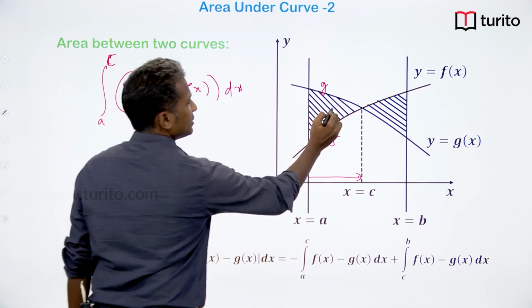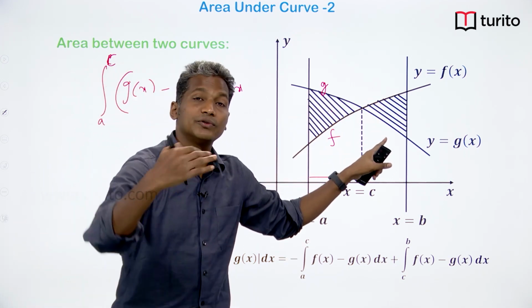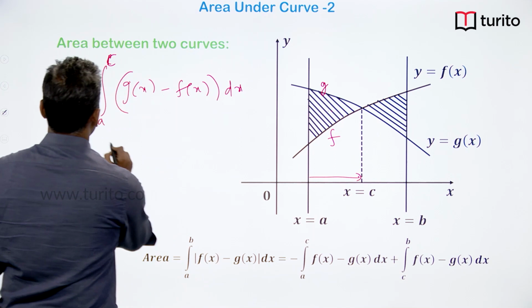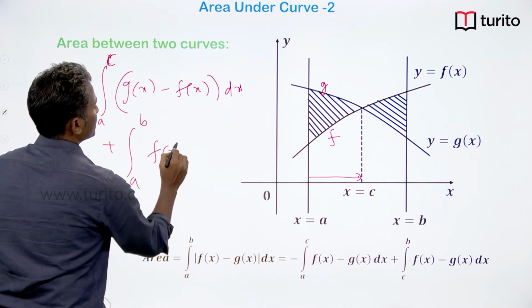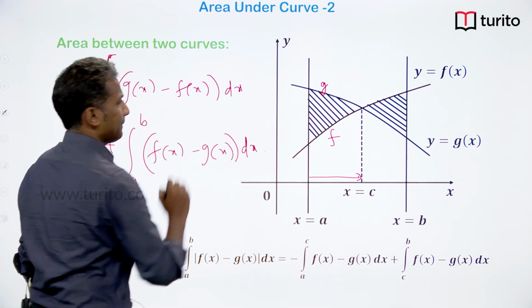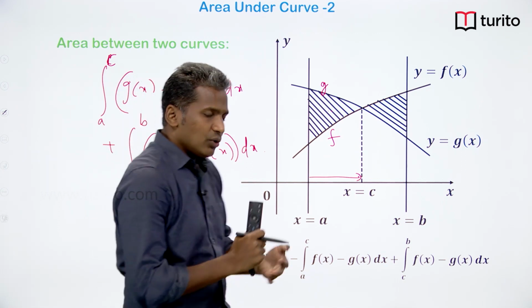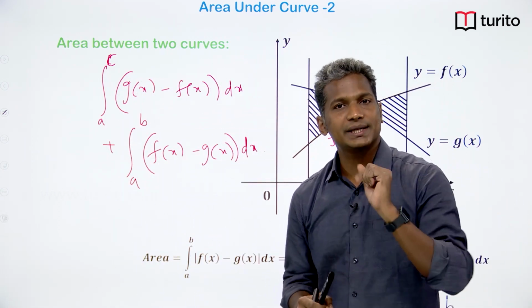This will give us the first area. To get the second area, again observe here that f of x is above g of x. So what we do here is, from c to b, f of x minus g of x into dx. Depending on which is above and which is below, we may have to take the appropriate sign.